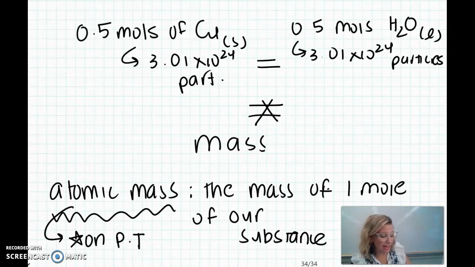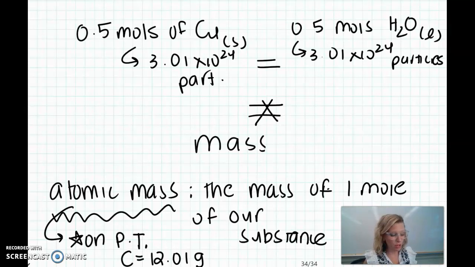If you have a periodic table handy, it's going to be that mass in the upper corner. So for example, if you're checking out a periodic table, carbon is 12.01 grams for every 1 mole, grams per mole. So let's go ahead and do one more practice problem.